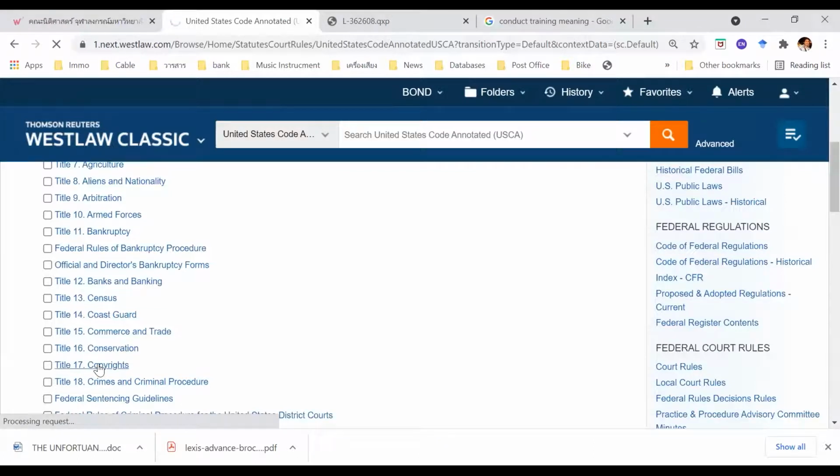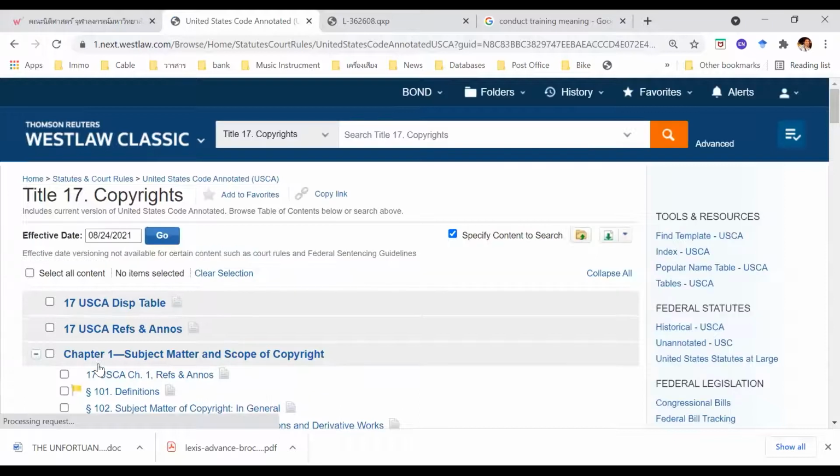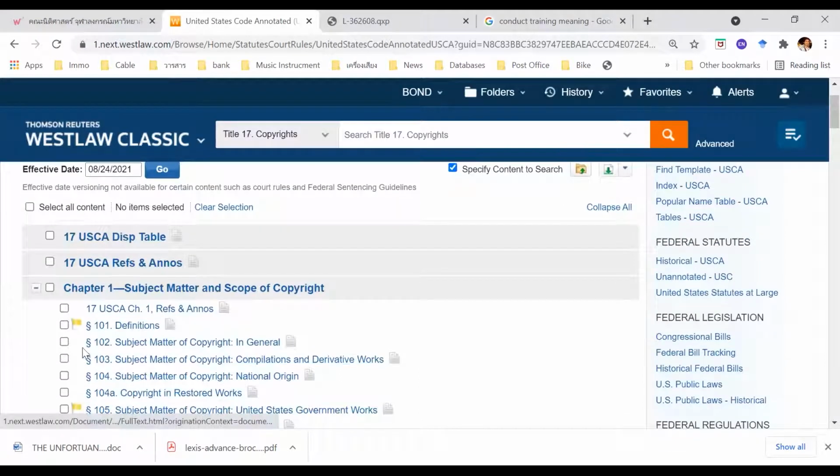The copyright title will give you the chapters and this one. Some people call it code, but some people call it a page. So you can see the definition of this too.